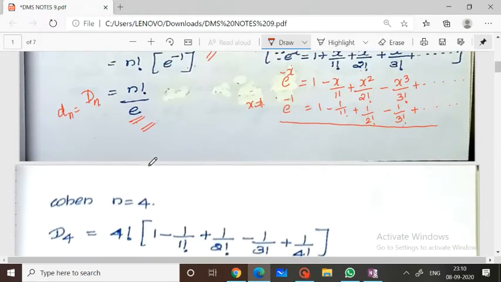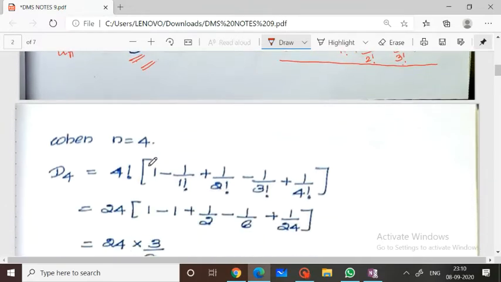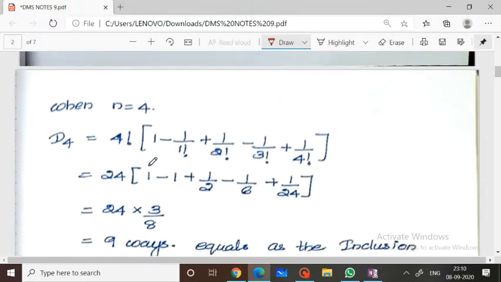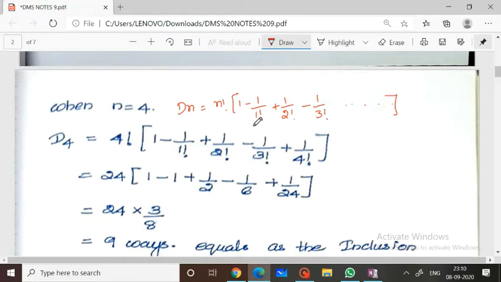Now suppose n equal to 4. Then d4 is equal to, by the formula, n factorial into 1 minus 1 by 1 factorial plus 1 by 2 factorial minus 1 by 3 factorial and so on, up to n equal to 4.